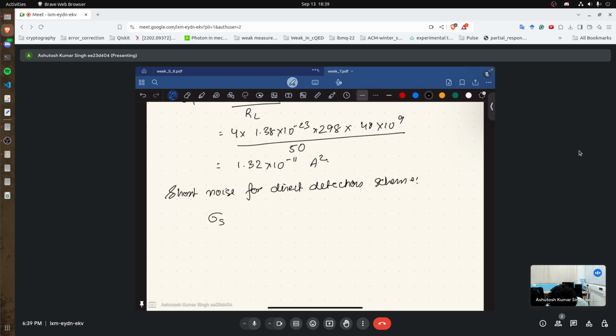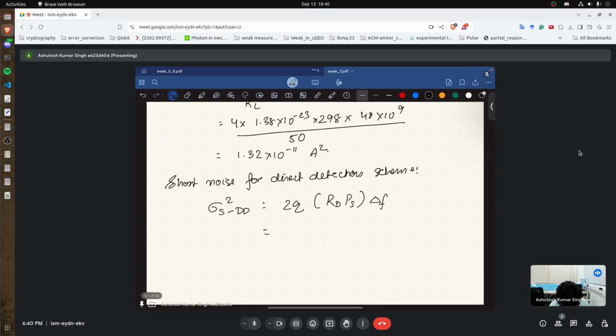Let's call this sigma shot noise direct detection, and this is given by 2 into the charge of the electron into R, D, PS, delta F. We do not actually know what PS is at this point, so let's just call this 2 into 1.6 into 10 to the minus 19 into 0.75 into 40 gigahertz into PS.